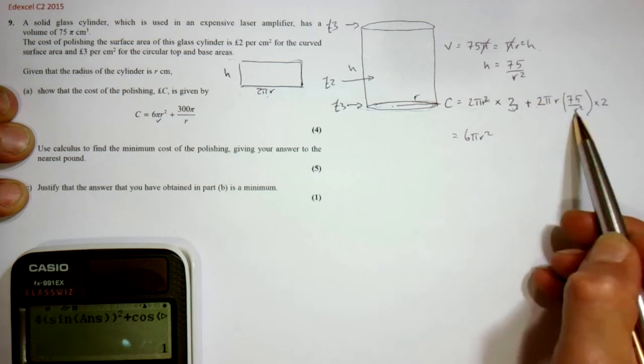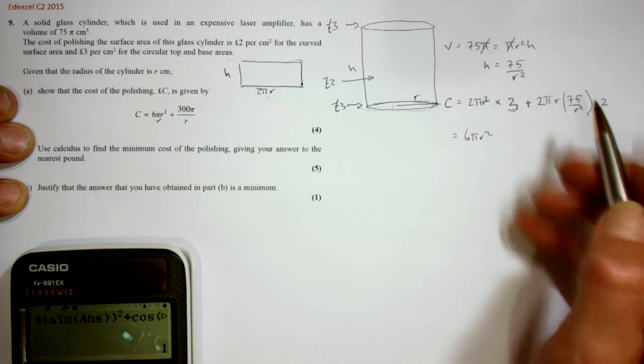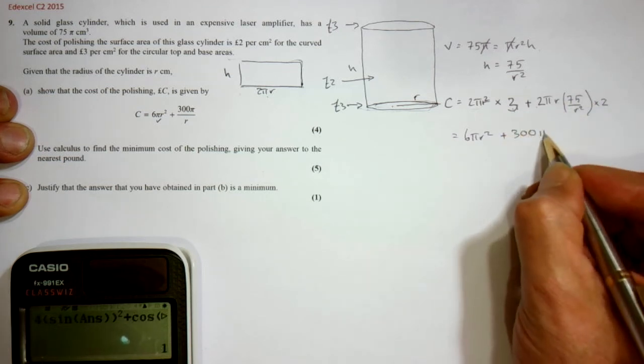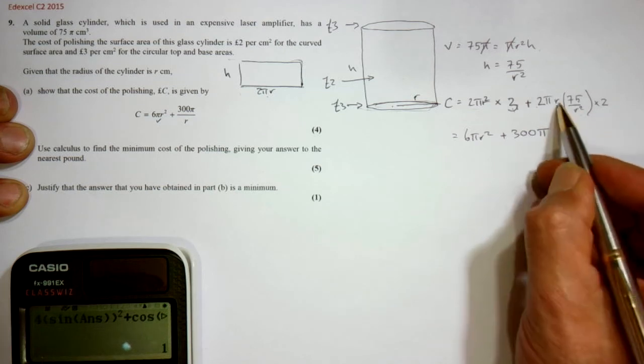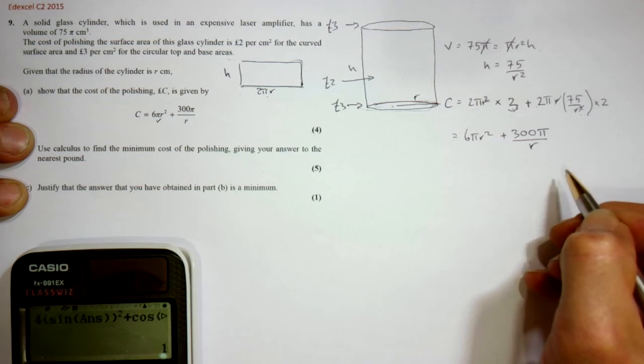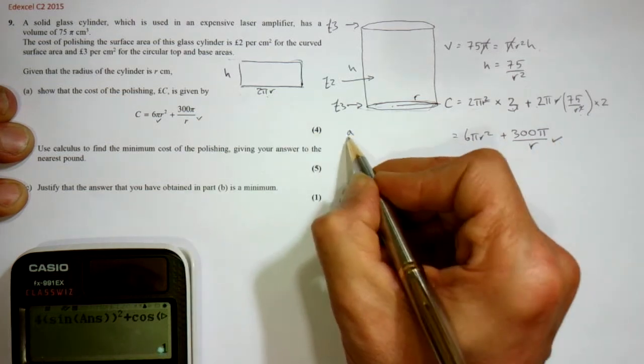So 2 times 2 is 4, times 75 is 300. We've got a pi in there, and r and r squared, one of those cancels, we've got over r, oh look. So we've done part A.